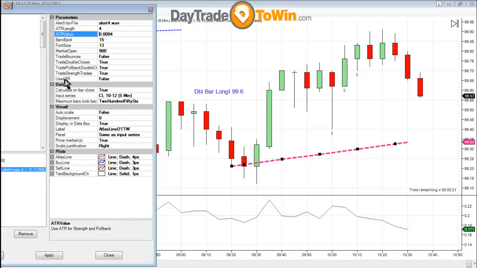To see all of them, you would set use ATR to false, and it'll show all of the pullback and strength trades when they occur. So right now, this is a strength trade here.